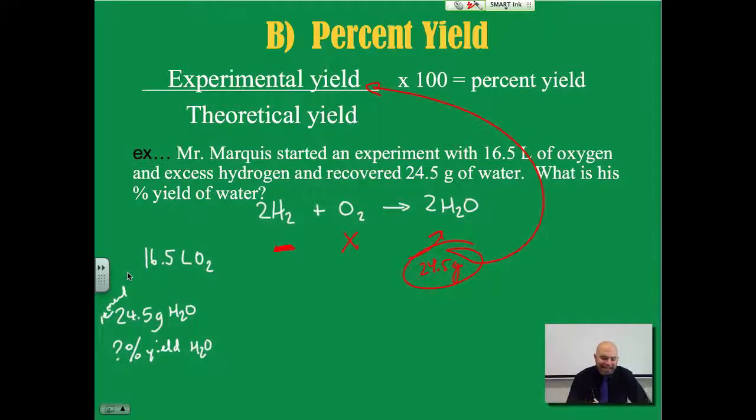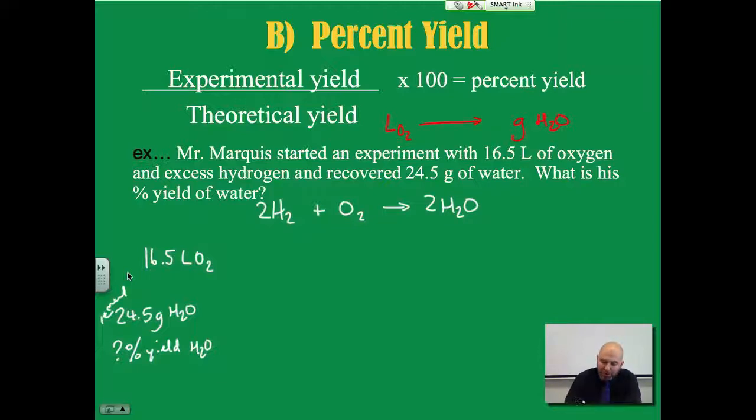What I need to solve for is how many grams of water I'm supposed to get. If what I'm supposed to get is pretty darn close to 24.5, then I was pretty accurate with my lab. So all I'm really doing is a little more stoichiometry, conversions from liters of O2 to grams of H2O.